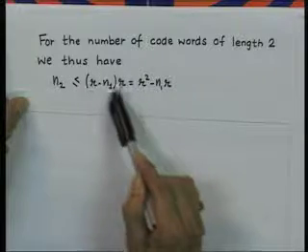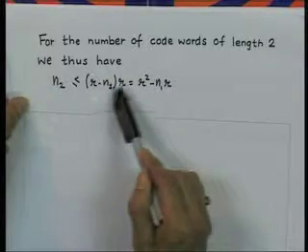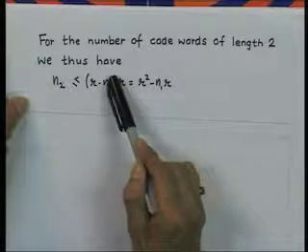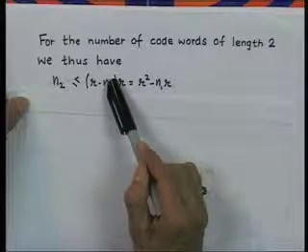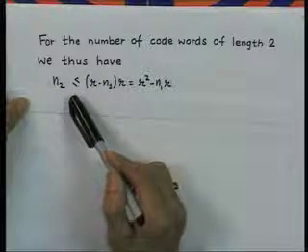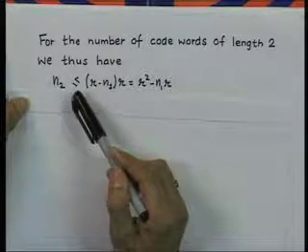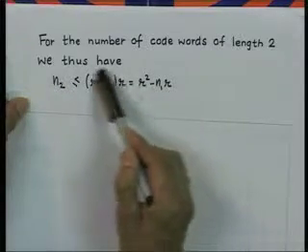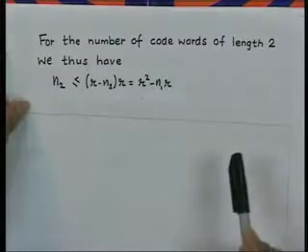So this is the number of code words which I can form of length 2. Since the code is instantaneous, the number of code words of length 2, that is n2, should be less than this quantity, and if you simplify this quantity, it turns out to be this.